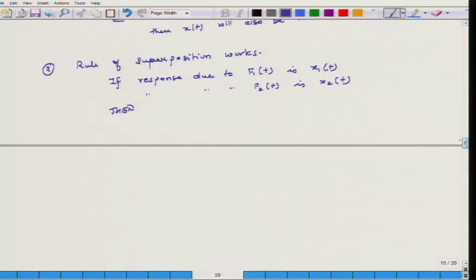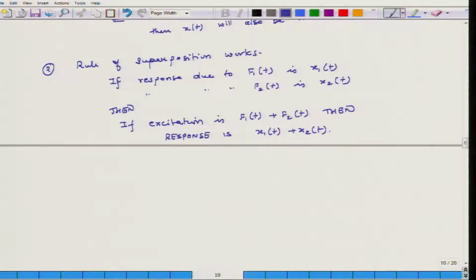In the third case, if the excitation is F1(t) plus F2(t), then the response will be x1(t) plus x2(t).